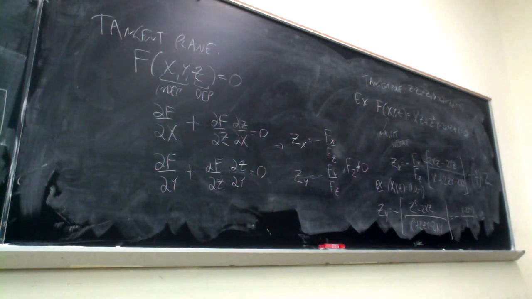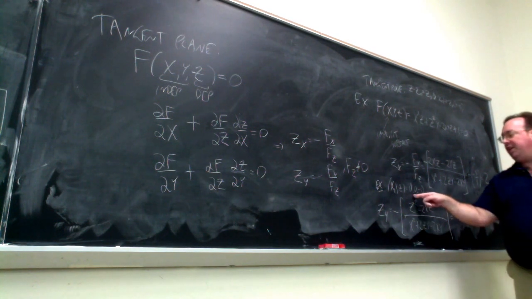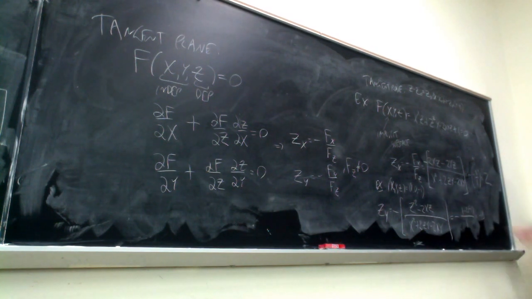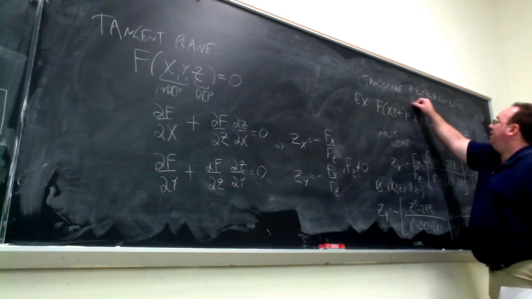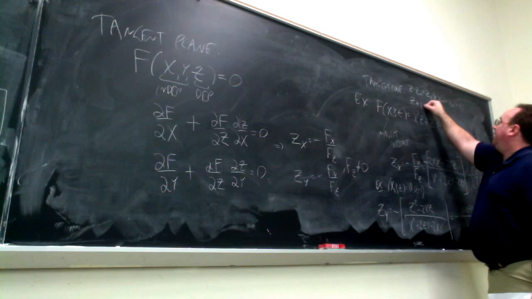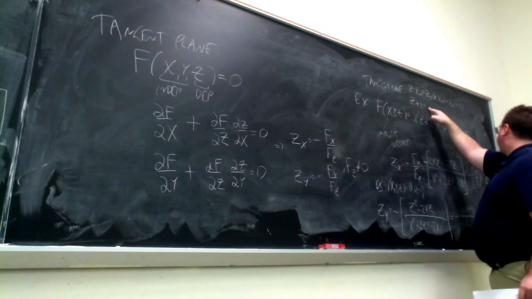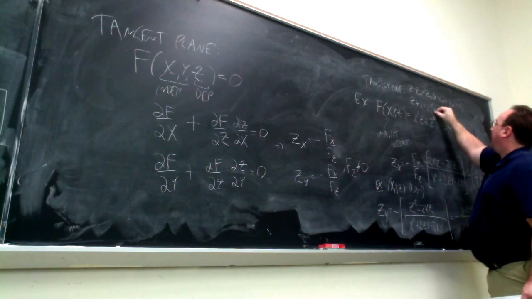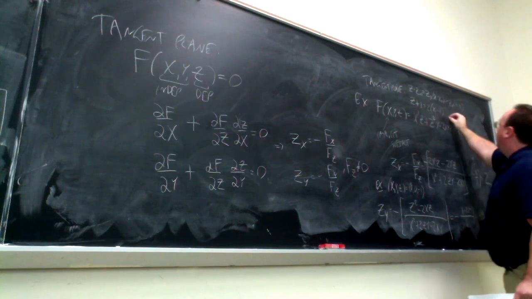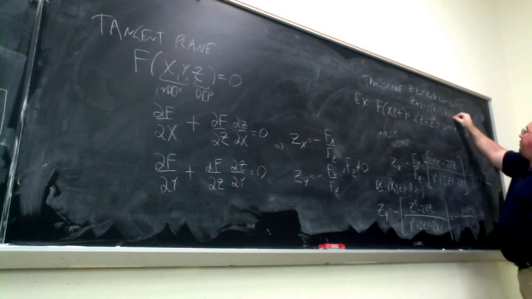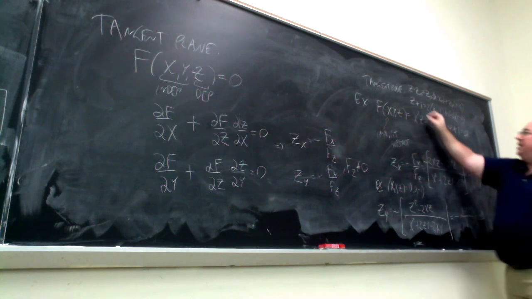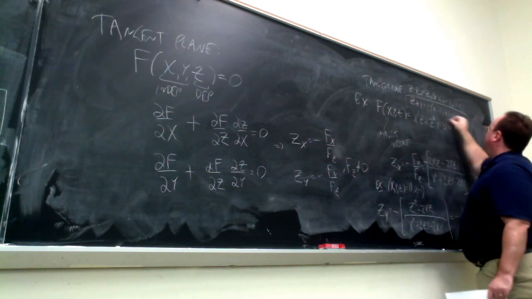So now we can fill in everything. For x naught, y naught, z naught, that's this point right here. And then we have our partials of z with respect to x and y. So we'll have z plus 1 is equal to dz/dx, which is 2, x minus 1, plus minus 3, y minus 0.